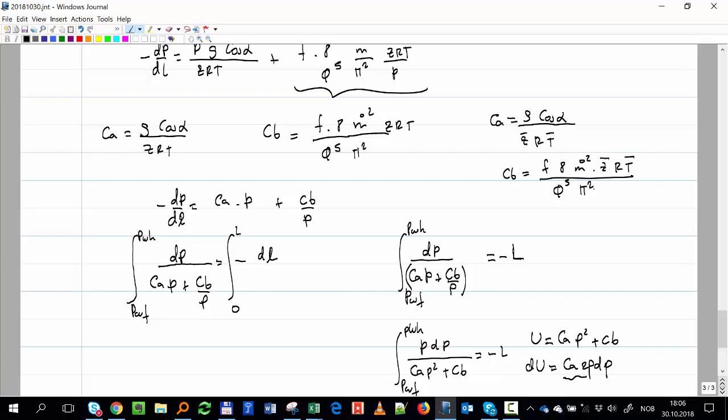We know all the others are going to change. So we are going to use an average for those properties, and then we are going to check if we are okay or not, just so we can make the integration in pressure. Here T average is defined as T bottomhole plus T wellhead divided by 2, and Z average is Z bottomhole plus Z at the wellhead divided by 2.